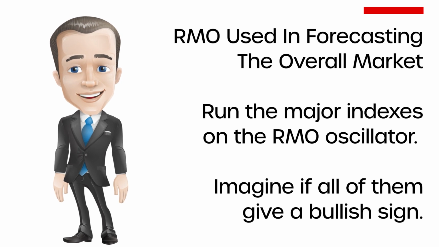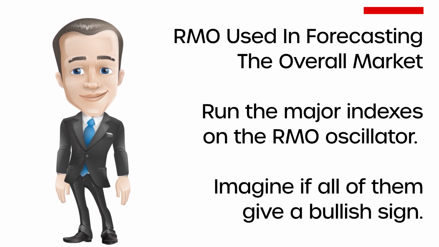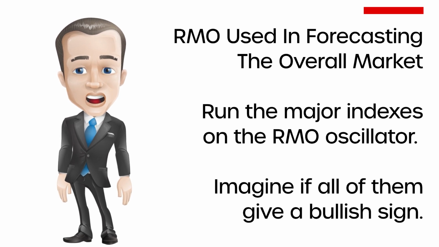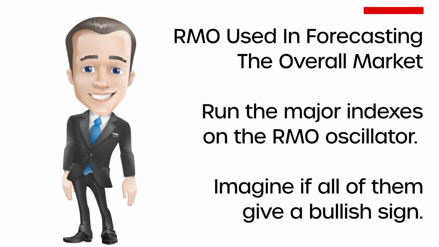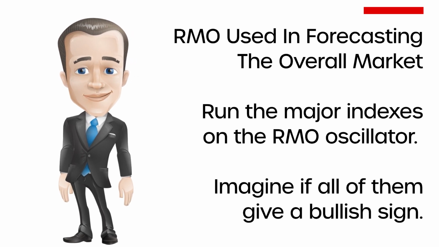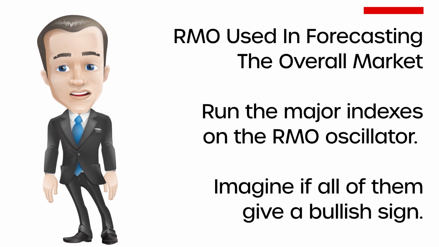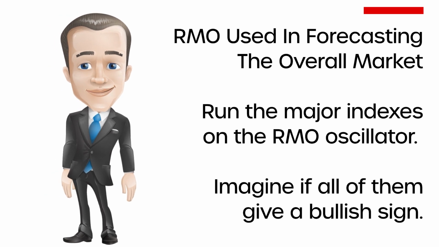Just imagine taking the S&P 500, New York Stock Exchange Composite, NASDAQ, and the Dow Jones Industrial. Run each one separately under the RMO, Swing Trade 3, Swing Trade 2, and even look at their exit strategy. Imagine if all of them were bullish.